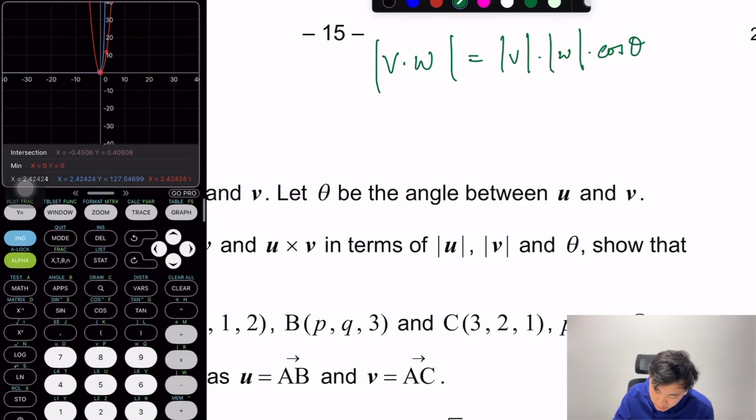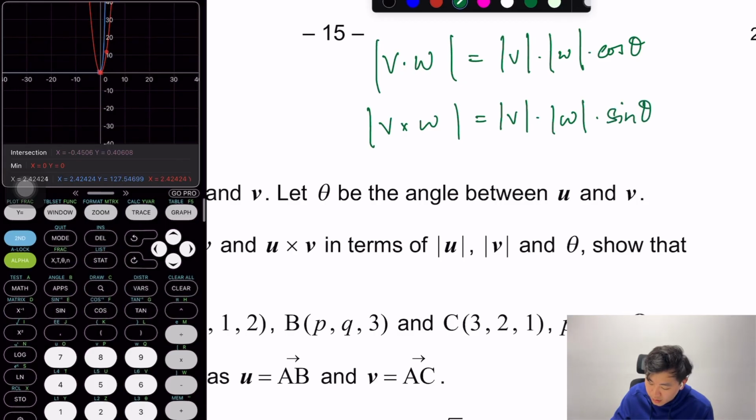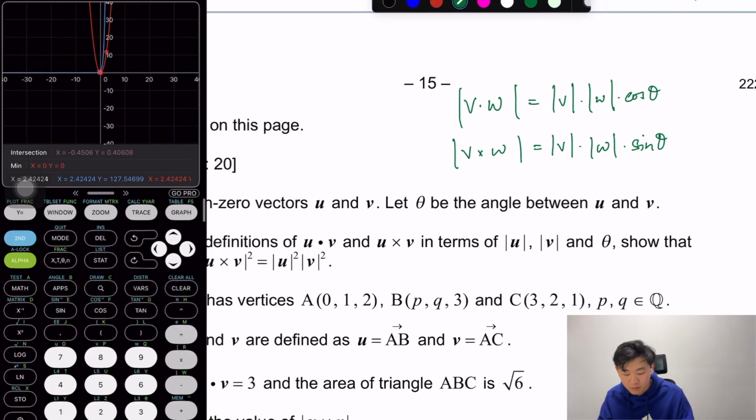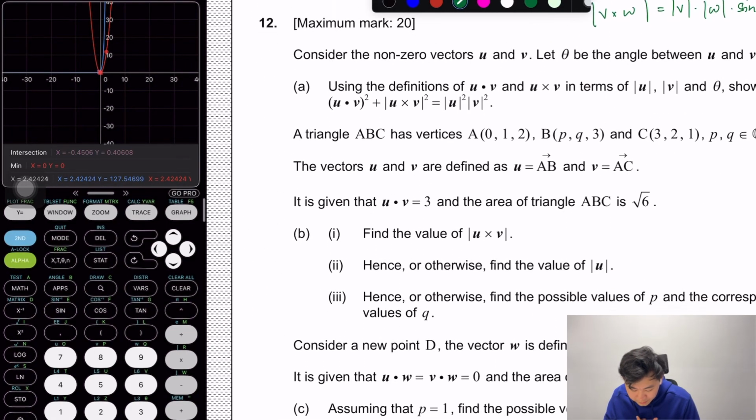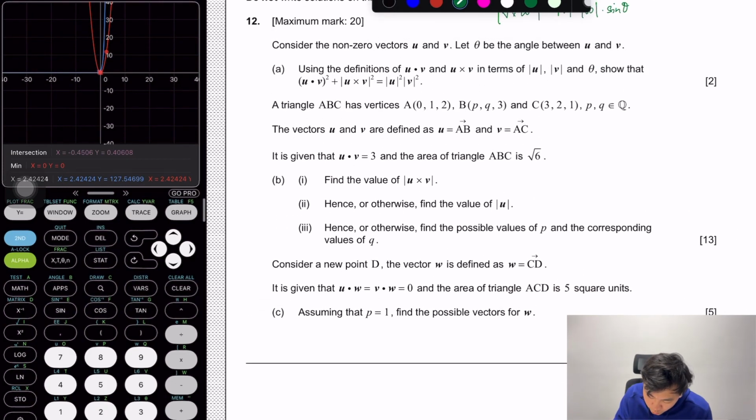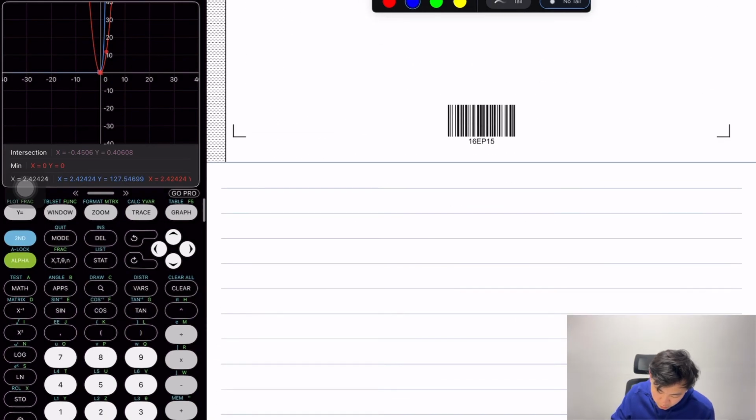Whereas the cross product v times w is equal to absolute v times absolute w, and then times the sine theta, okay? If you don't understand what is going on here, it's totally fine because you can simply use your mathematical skills to write it out, okay? So now that we have to prove this works, the left-hand side equals the right-hand side, right? So let's just write it down first.